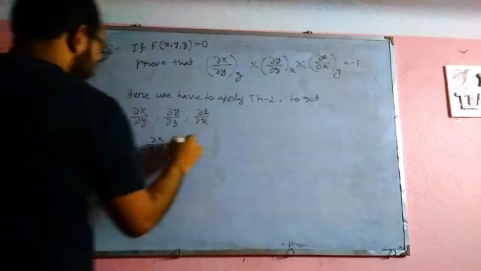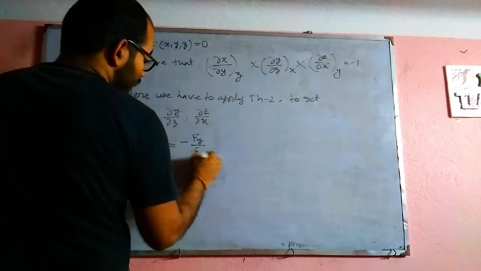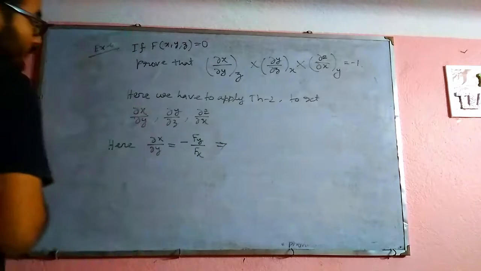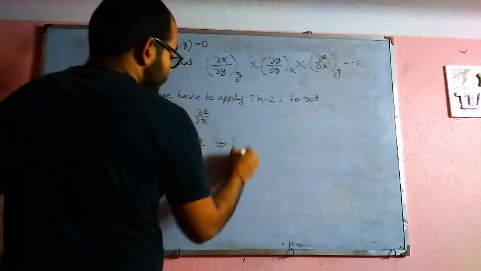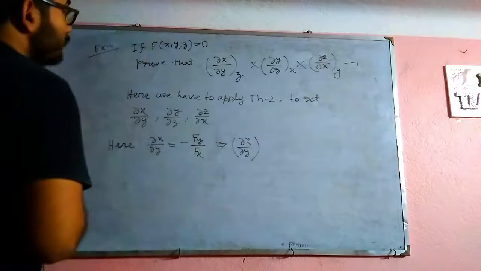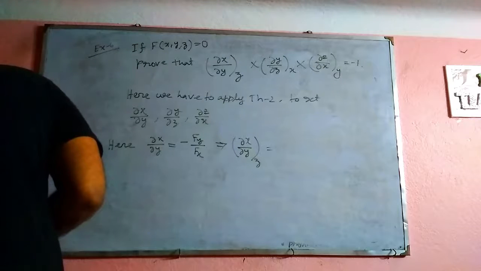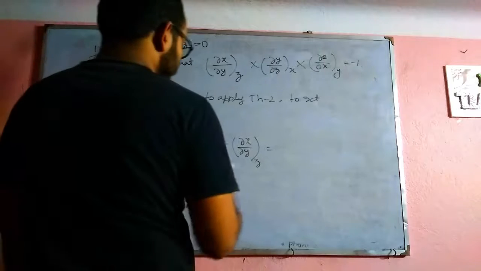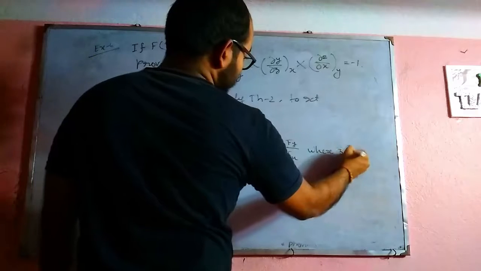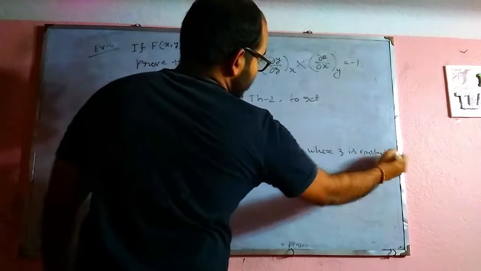Del x/del y is minus fy by fx, and here z is constant.